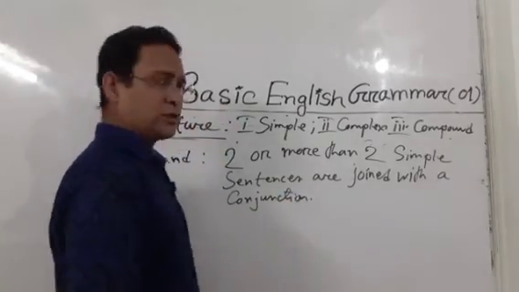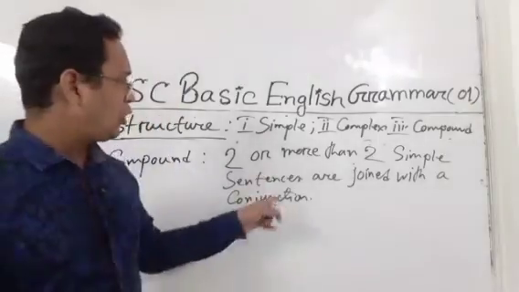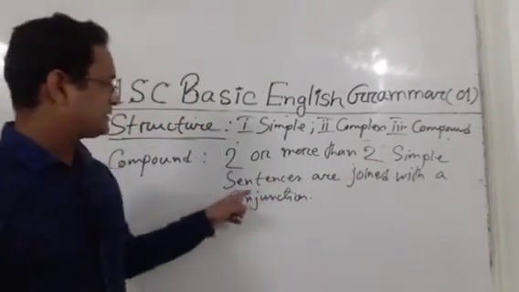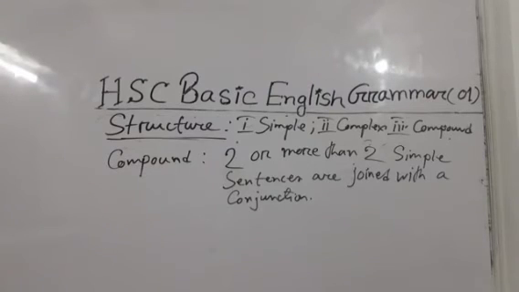Do you have any idea about conjunction? And, but, or, mainly and, but, or. Okay, what I am saying here, two or more than two simple sentences joined with conjunction is called compound sentence. It's called compound sentence.